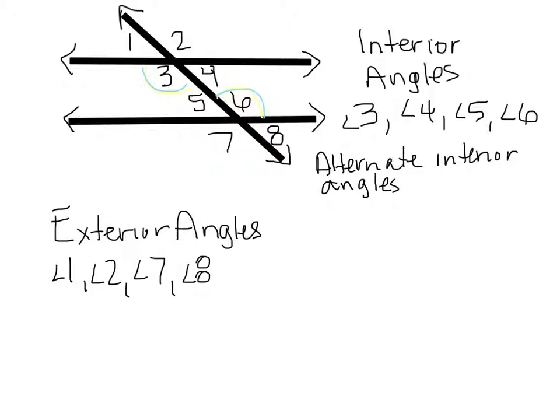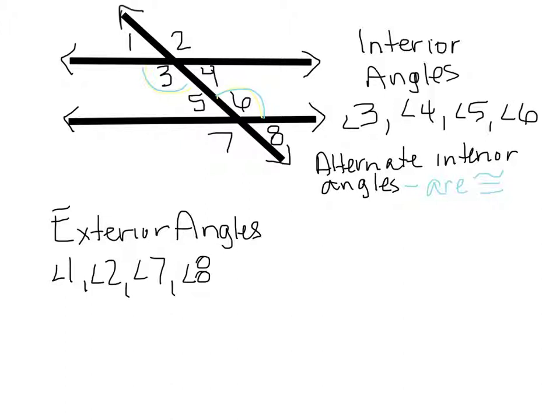Now the thing about alternate interior angles, they are congruent. Who remembers from our discussion last week, what does that word congruent mean? Same what? Same size, but what do we call it?